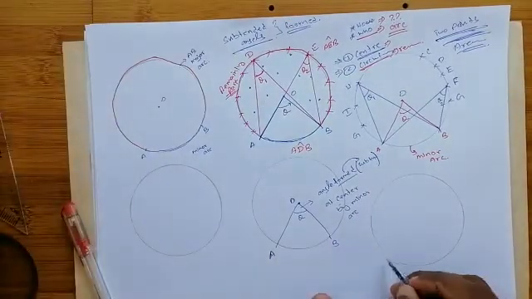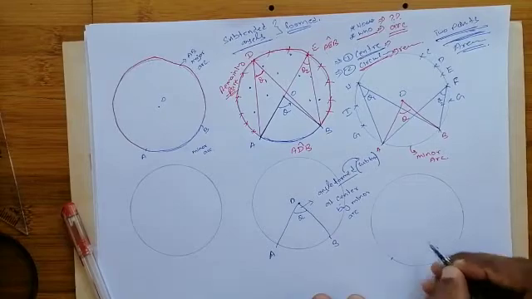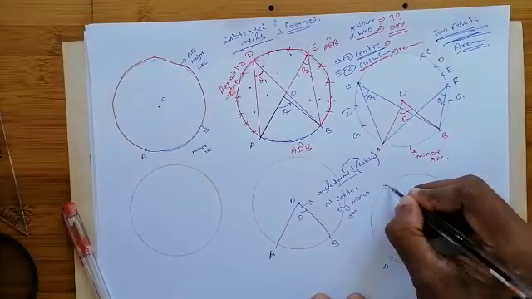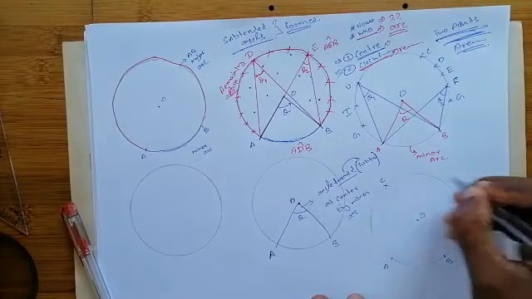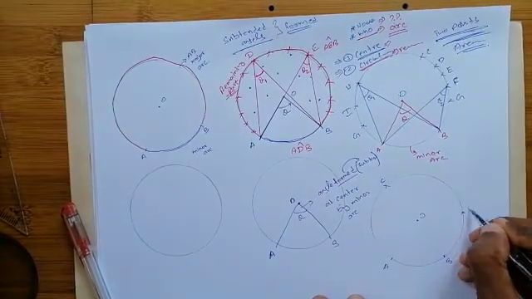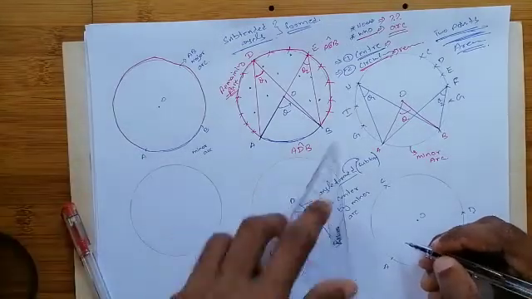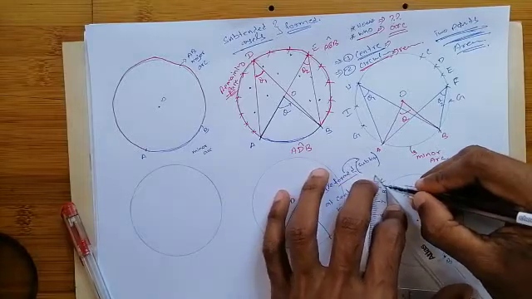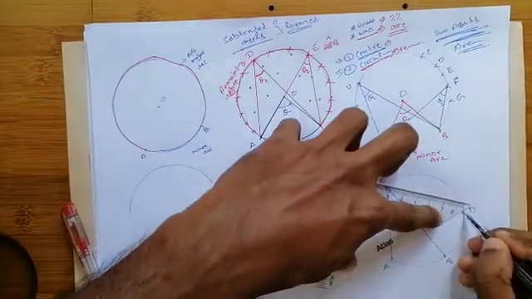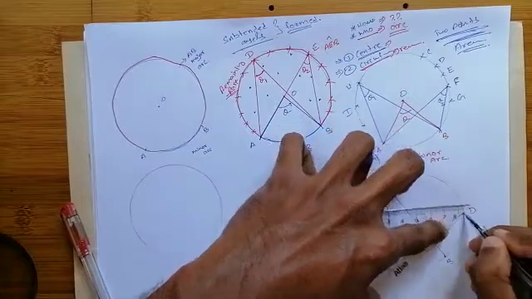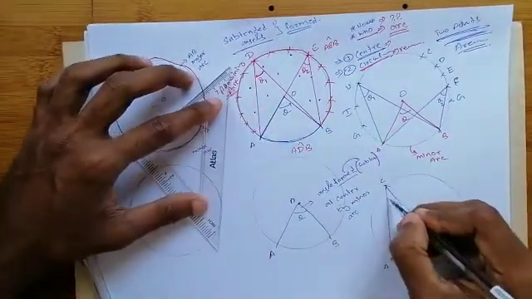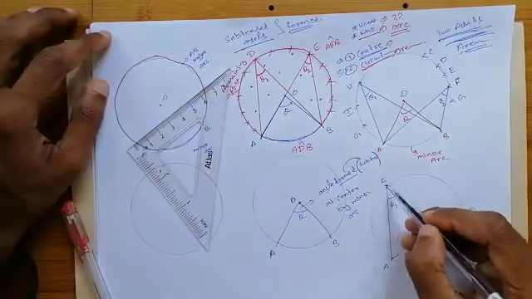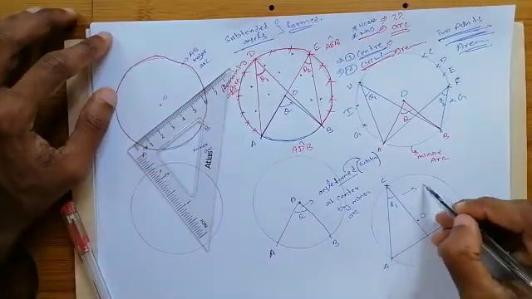In another figure, another circle, same AB arc, mark point C and point D. Connect A and C, and A and B, and A and D, and B and D. Name this angle theta 1, name this angle theta 2.